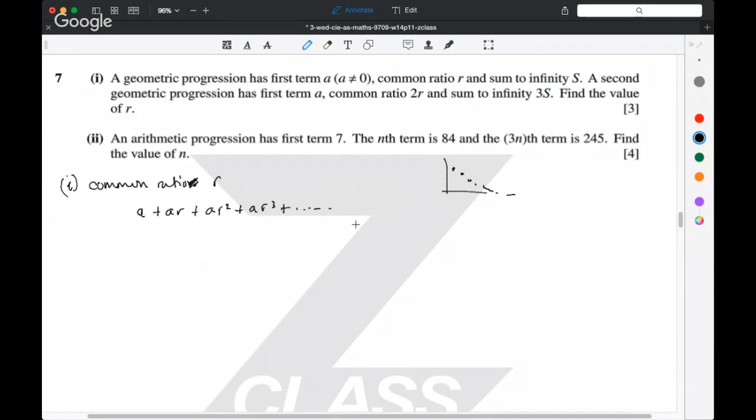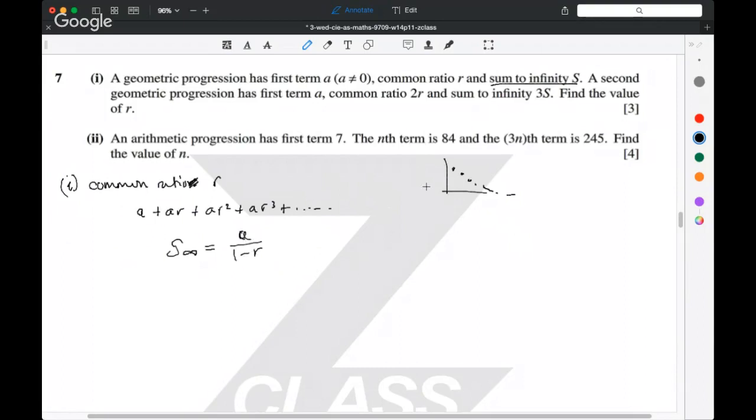It's going to go to infinity, and you can't talk about a sum to infinity because infinity is not really a number, and it doesn't make any sense. But if it's a convergent series, you can talk about a sum to infinity, and that's given by this formula. It's quite an interesting derivation if you ever plan to seek it out, and that's A over 1 minus R.